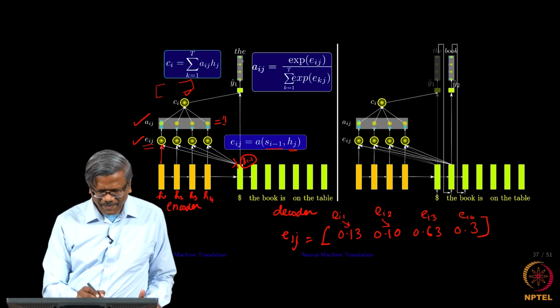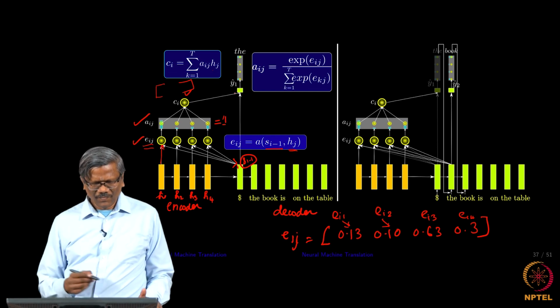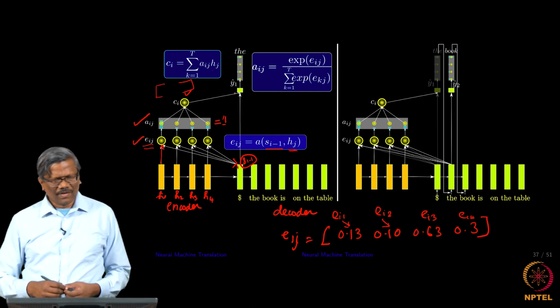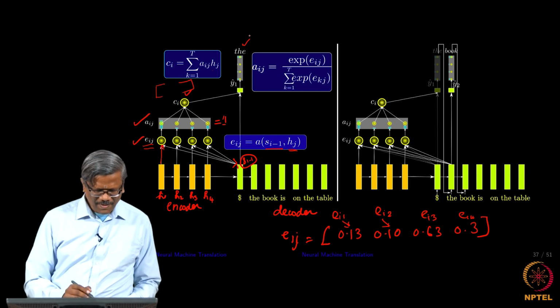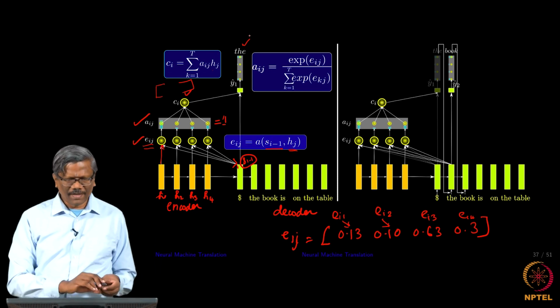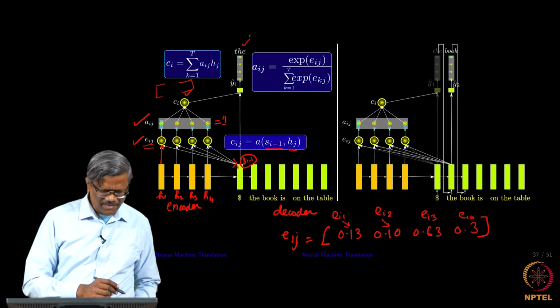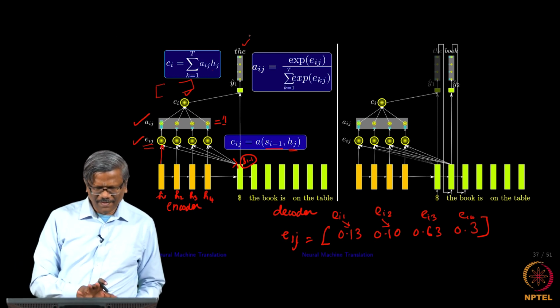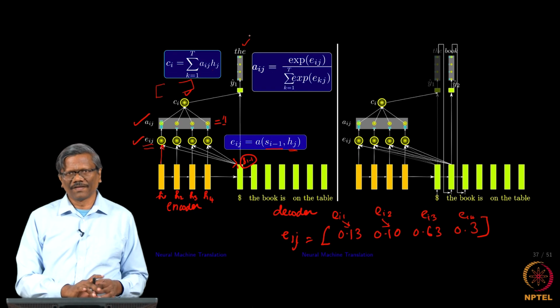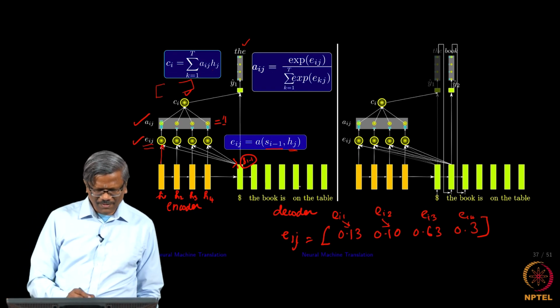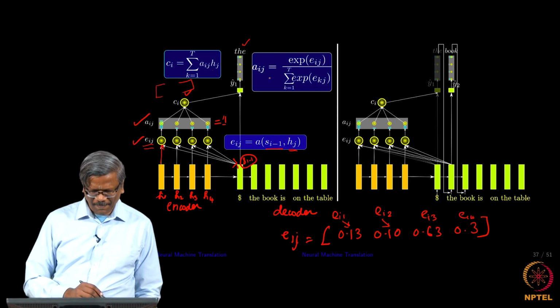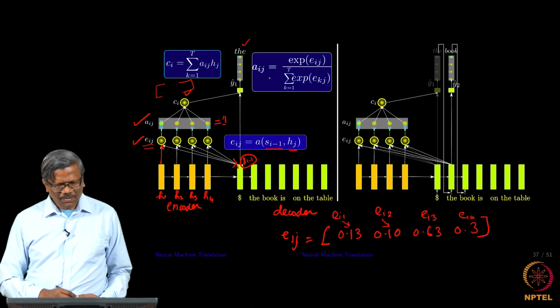And then there is a softmax that you compute, and finally you get the output. So here this diagram is a little more elaborate when compared to what we saw earlier, and this explains clearly how each value is computed. I have given you all those computations in the slide itself. Okay. All right.